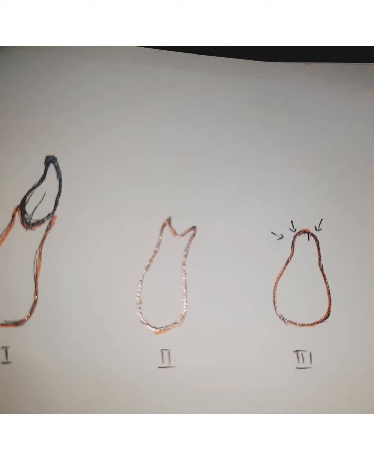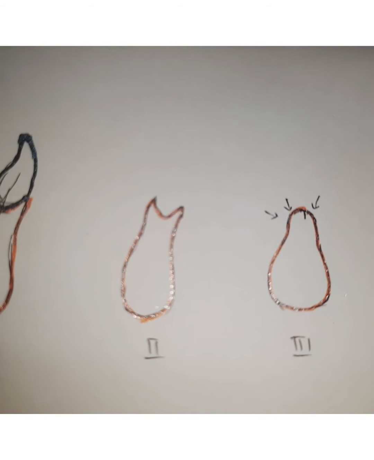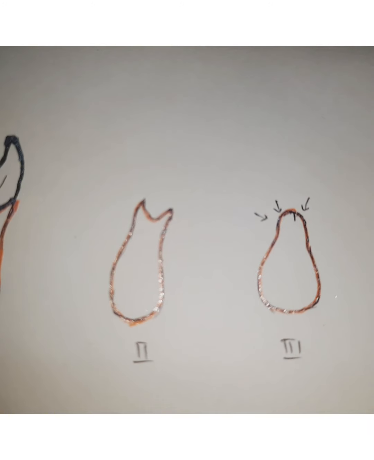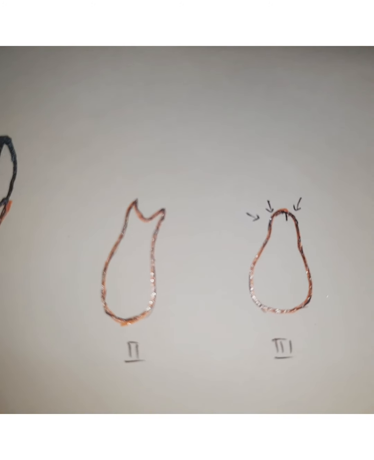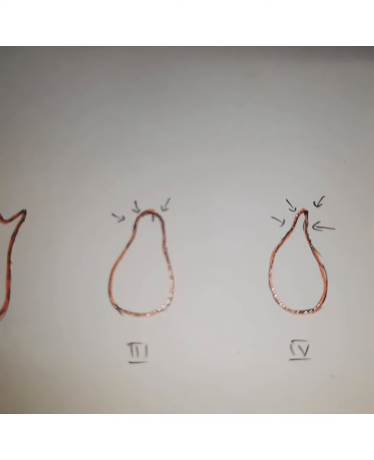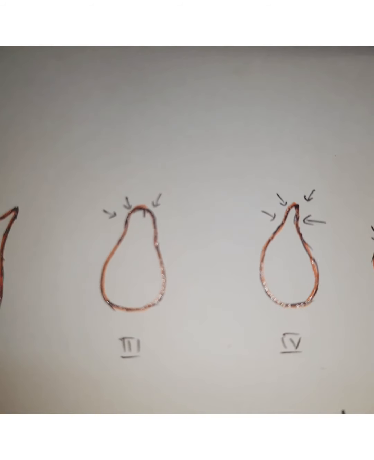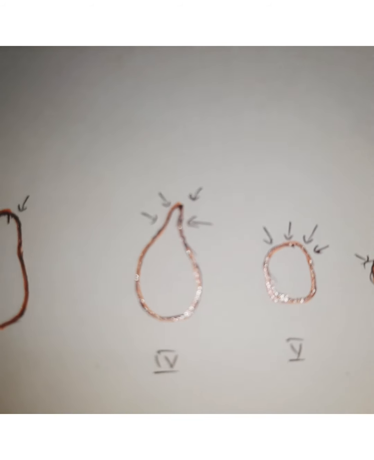Once resorption takes place, you have order 3, wherein you have a high, well-rounded ridge. Order 4 is a knife-edge ridge because of the residual resorption, and order 5 is low and well-rounded.